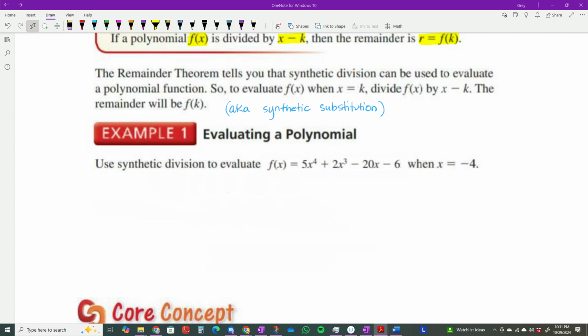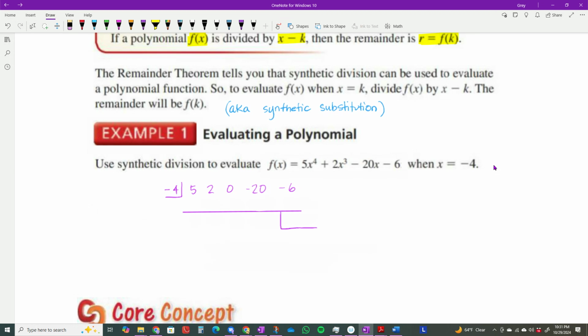Use synthetic division to evaluate f of x equals 5x to the 4th plus 2x cubed minus 20x minus 6 when x equals -4. So y'all know I'm going to put -4 out of my little box, and I'm going to go 5x to the 4th, 2x cubed, 0x squared, -20x, -6.